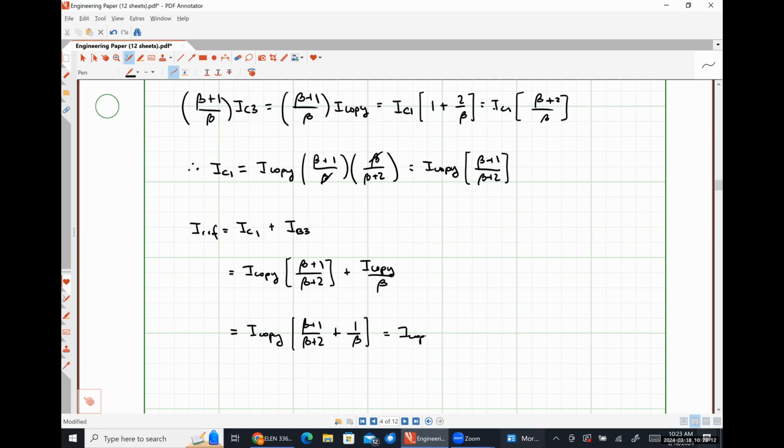Let's look at that. So I'm going to have beta plus 1 times beta over beta plus 2 times beta plus beta plus 2 over beta plus 2 times beta, like so.